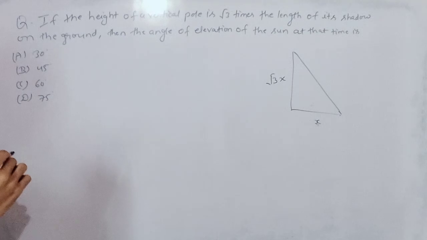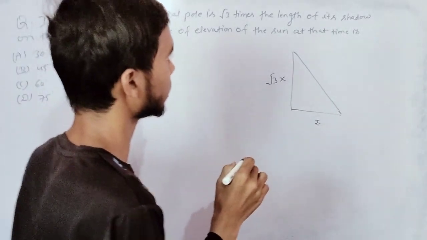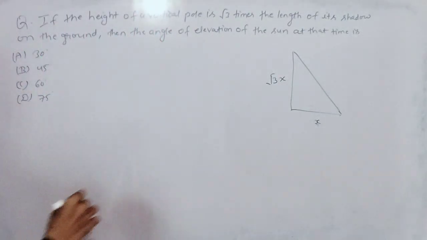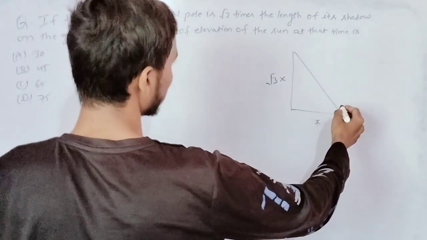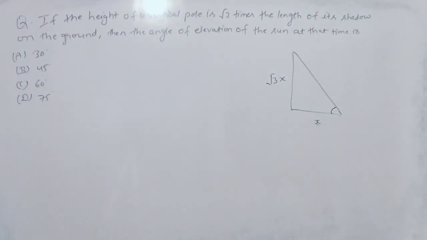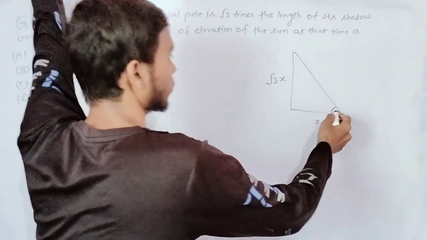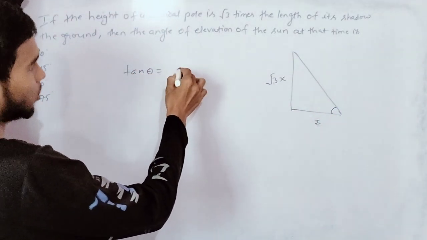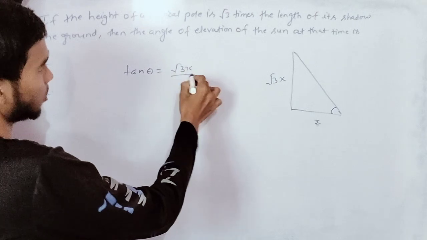Then what would be the angle of elevation of the sun at the same time? According to this theta, tan theta is root 3 x upon x.